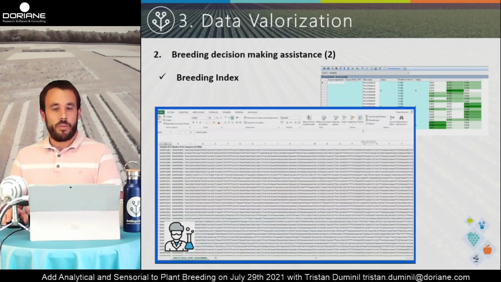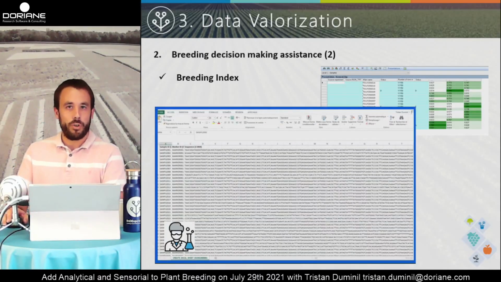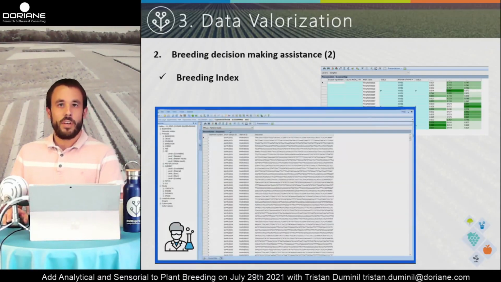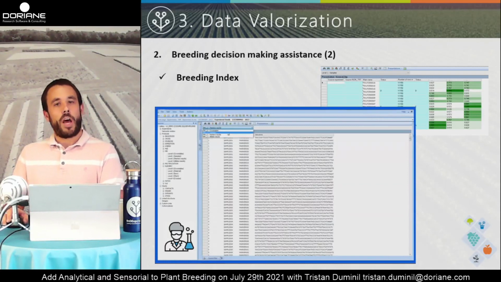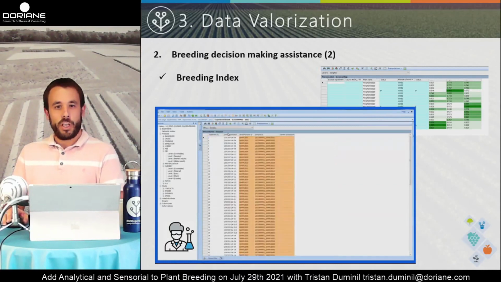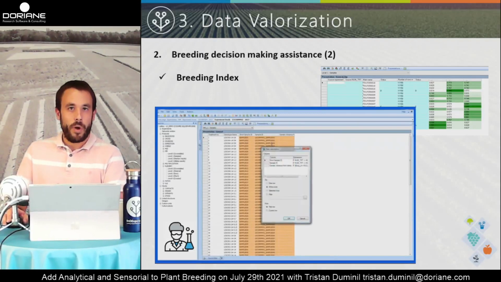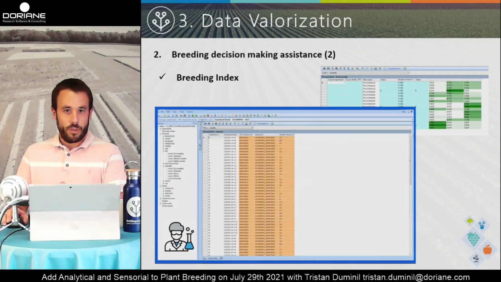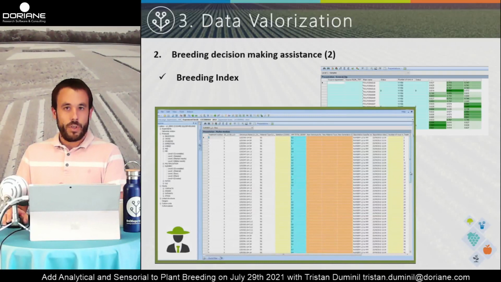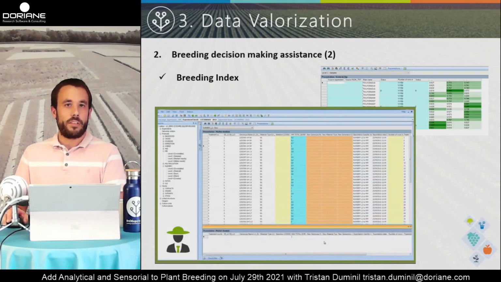So, for example, data are imported into the database and visualized in real time, and the lab can generate new breeding indexes, which are visualized in real time by the breeder in its own visualizing interface, and which can then be used to make its selection.